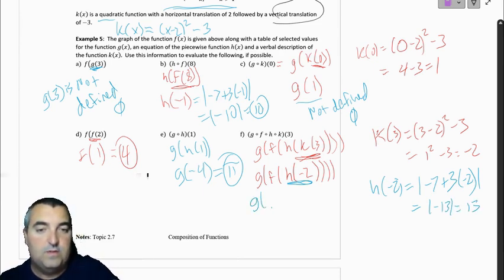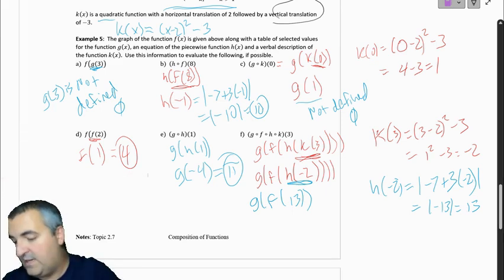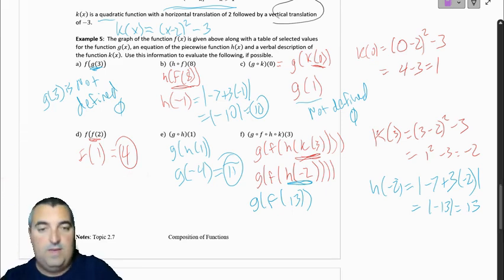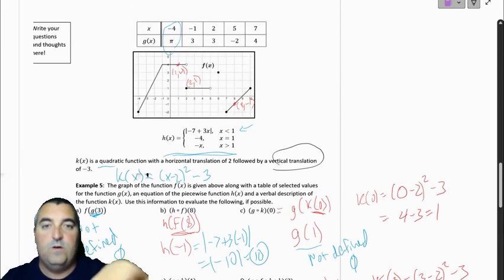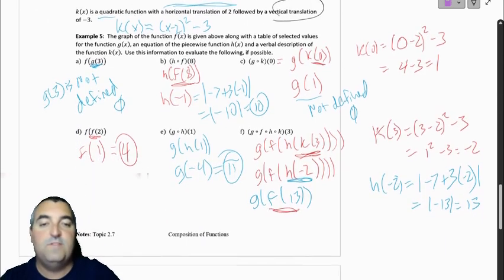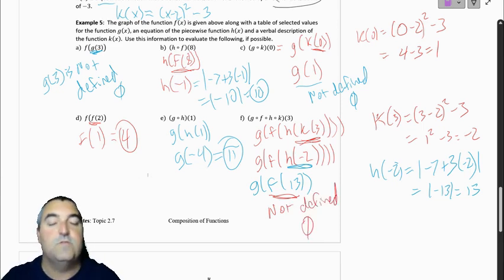So I'm going to replace h of -2 now with 13. And now let's see if I can keep going. Well, f of 13, this graph unfortunately stops at 10. So after doing all of that lovely work on the first two, we get to a point where it's not defined. And we're done because there is no answer there.